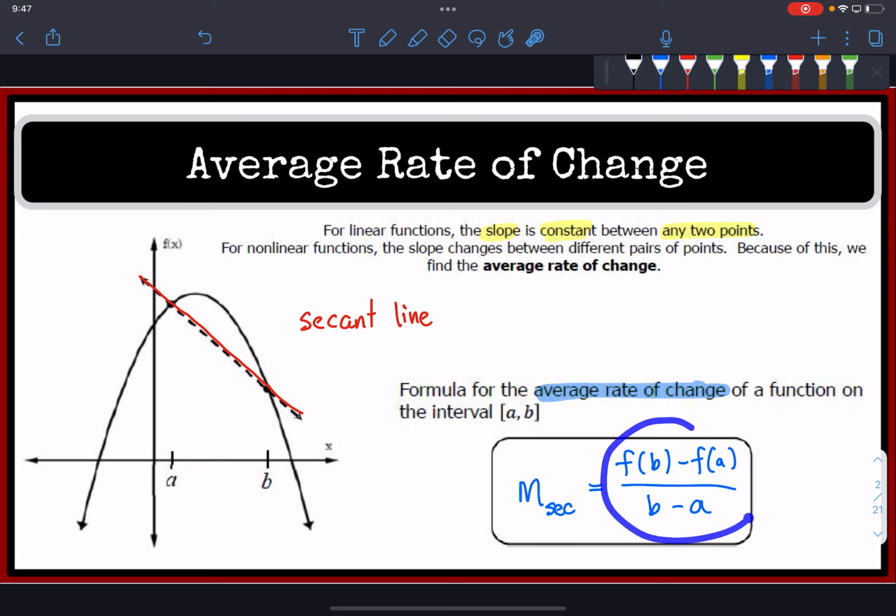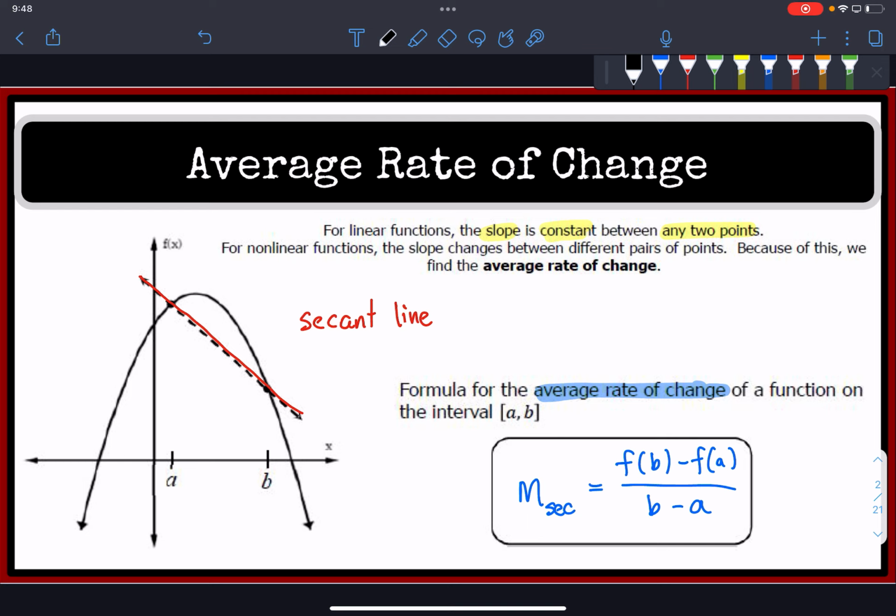This should look somewhat familiar. If you recall from Algebra 1, you have actually used this formula before. This is simply your slope formula. Notice that f of b is the same thing as a y value.